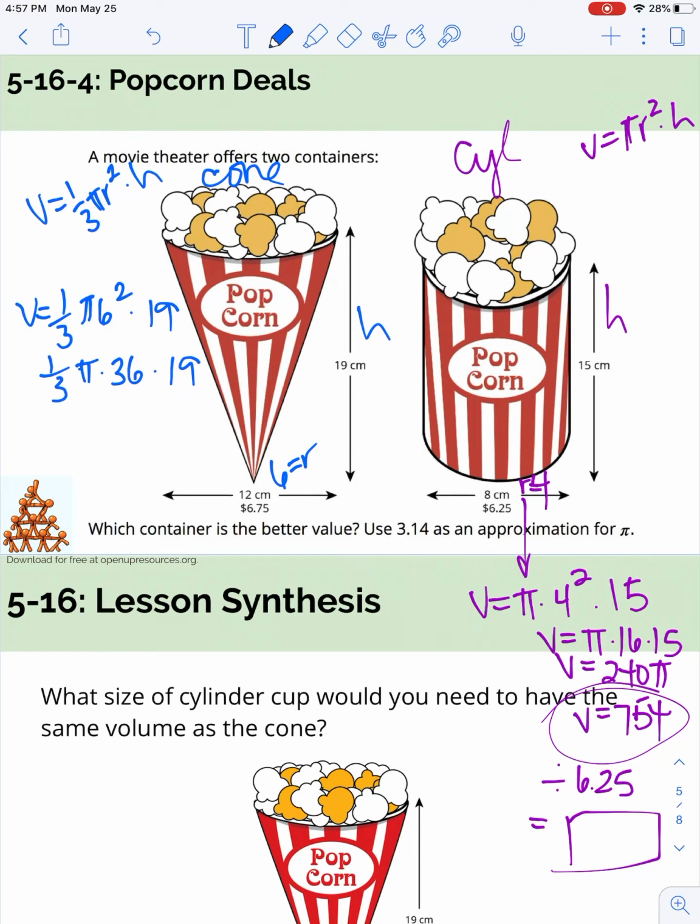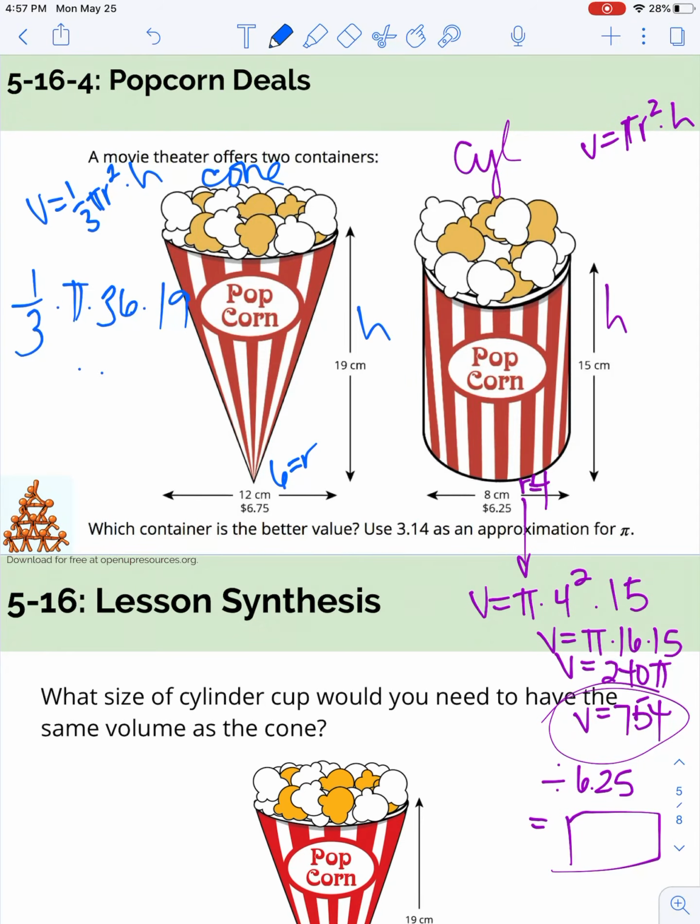Is that really our height? Okay, let's do this again. Something weird is happening. We did the other one correctly. What am I not doing? Okay, let's just try it again. So 1/3 times pi times 6 squared is 36 times 19.